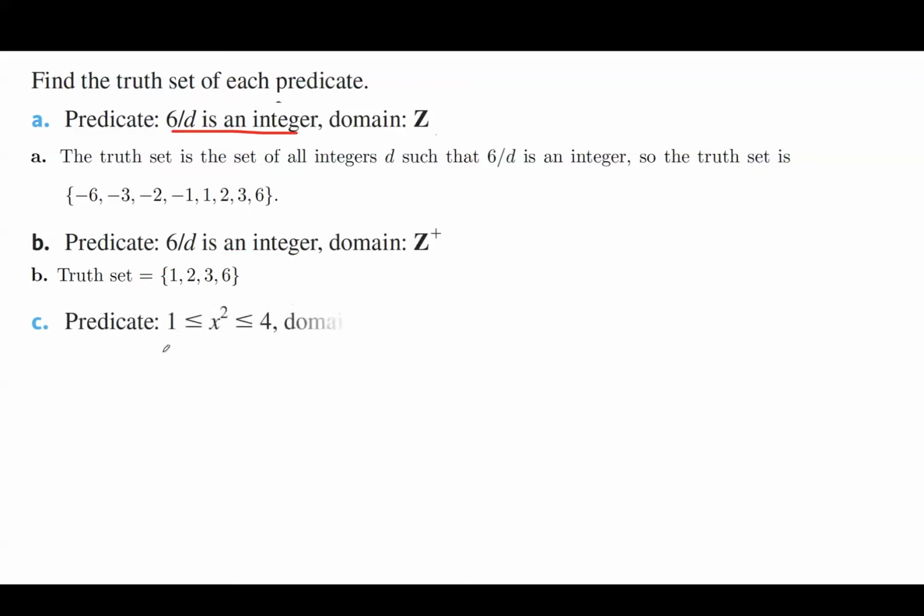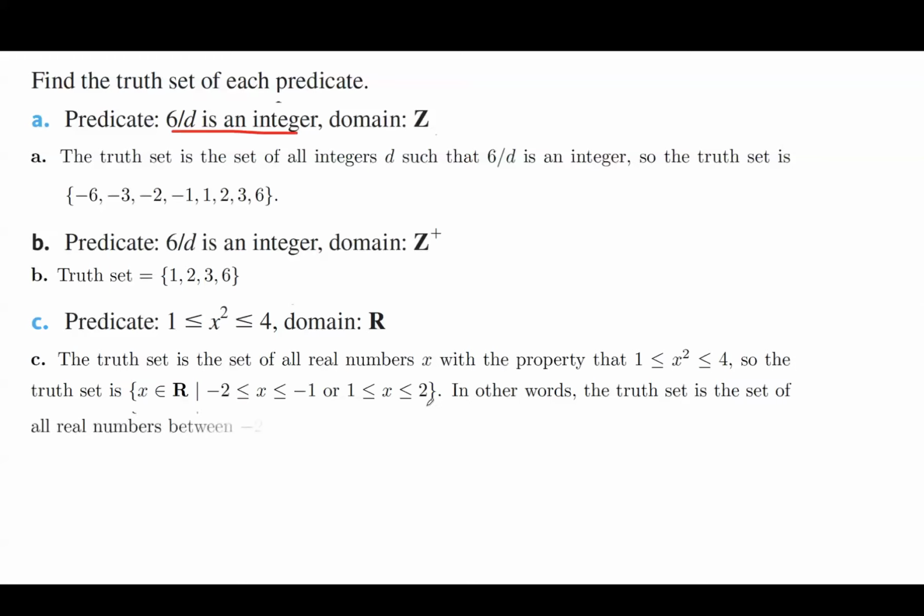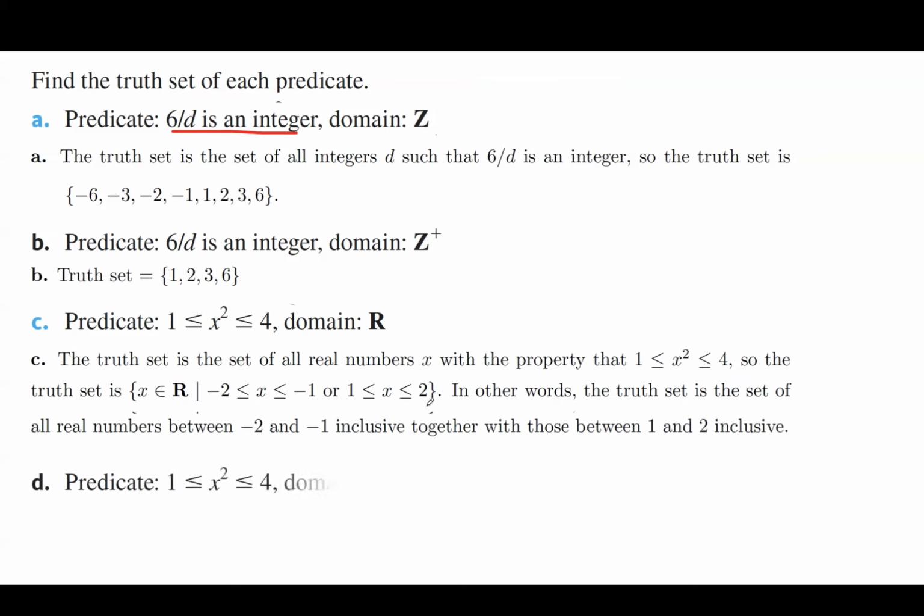Let's take a look at another predicate. It says x squared is in between 1 and 4 inclusive, and the domain is R. In that case, the true set is in the form of a union of two intervals: negative 2 to negative 1, union 1 to 2, inclusive. However, if I change this domain to be just integers, the values that satisfy this statement are going to be different as well.